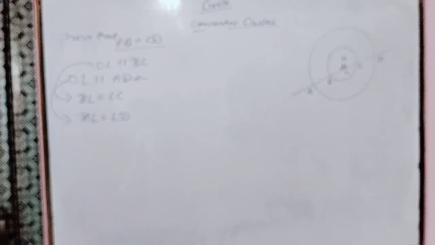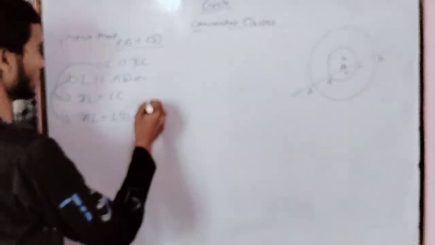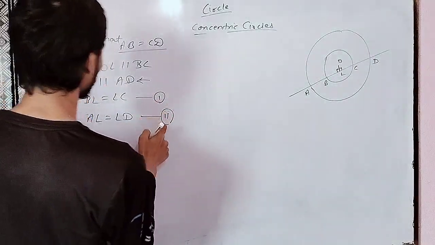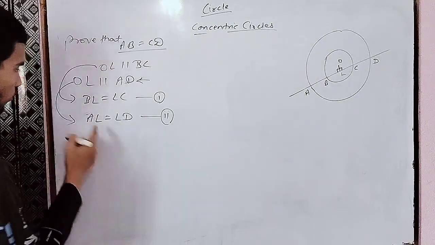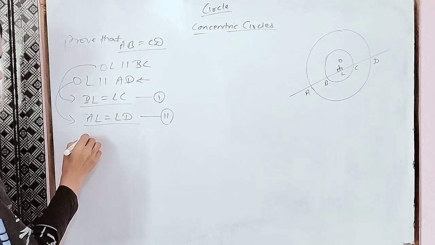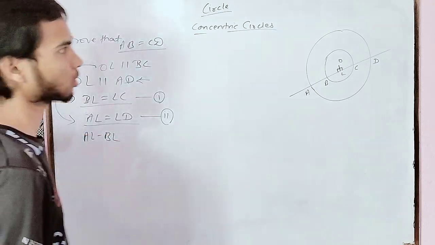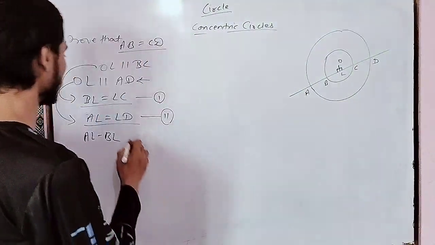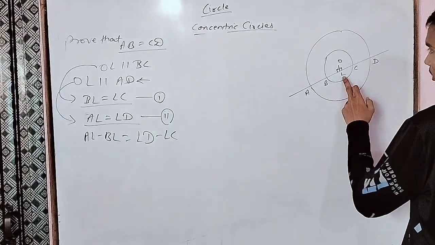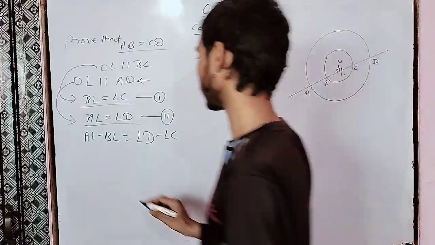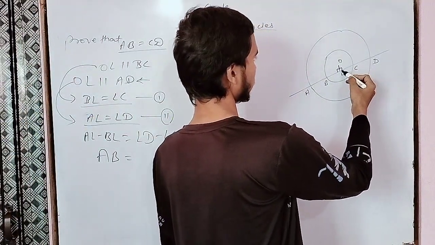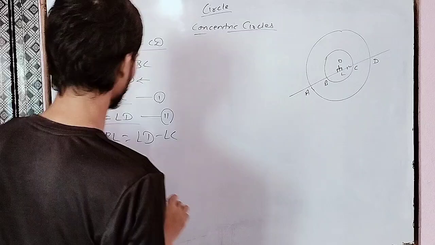Here you can see this is one equation, this is a second equation. Now let's subtract the first from the second. For example, AL minus BL, and LD minus LC. AL minus BL will be AB, and LD minus LC will be CD.